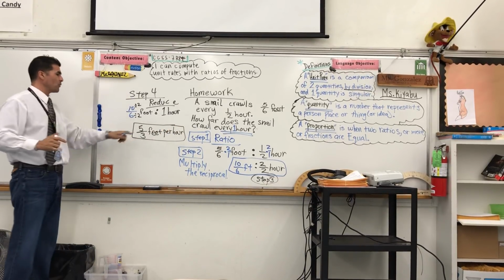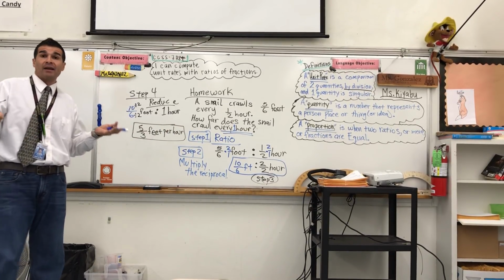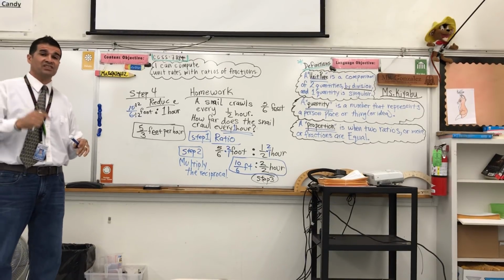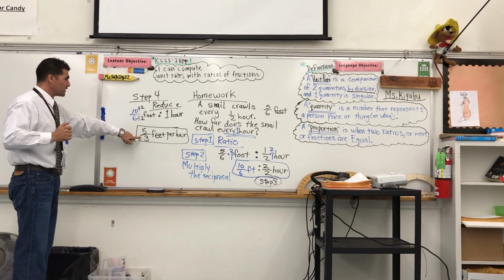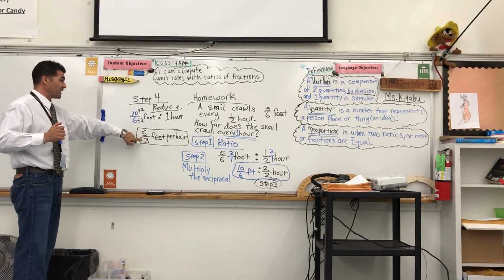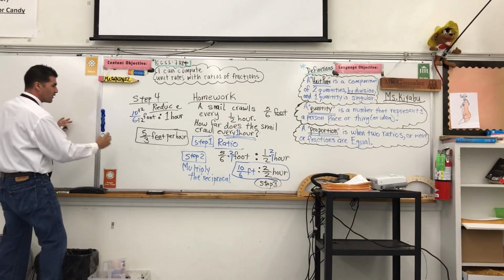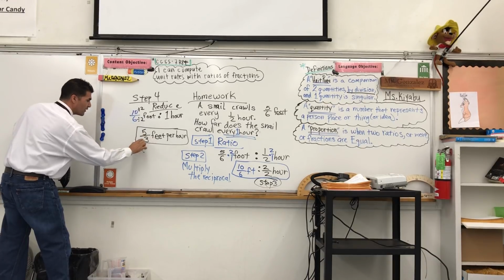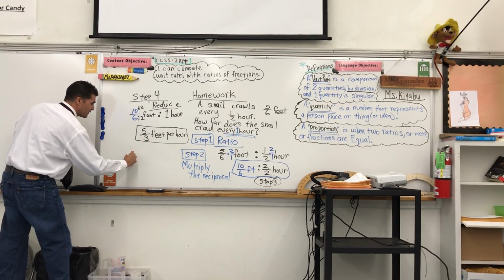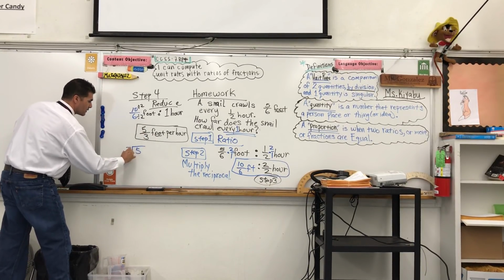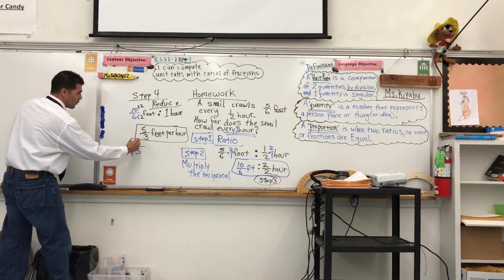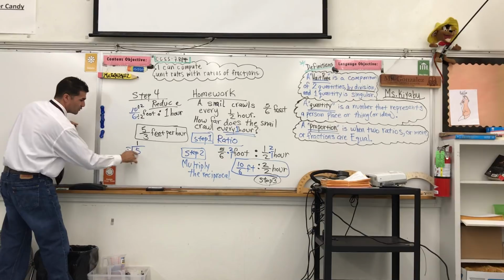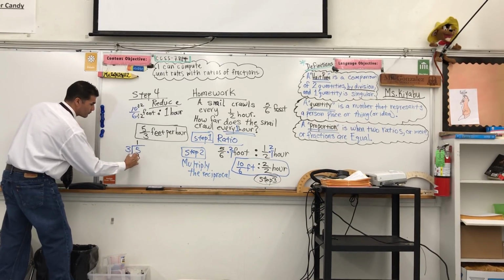But now someone would say, well, about how many inches is this? So if I'm going to try to find how many inches this is, I'm going to divide my numerator by my denominator. I'm going to get 1, because 3 goes into 5 one time.